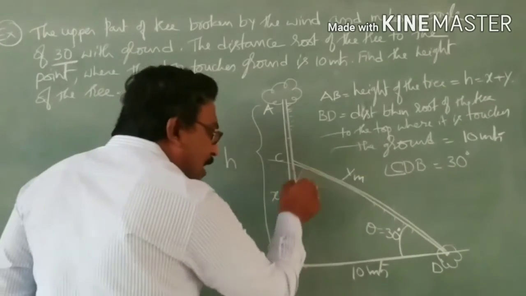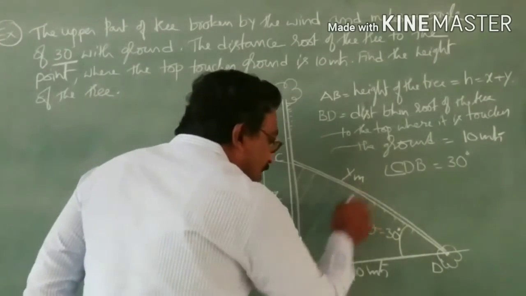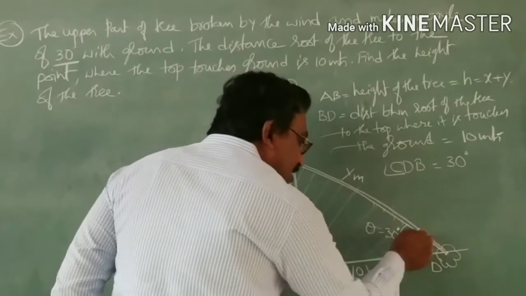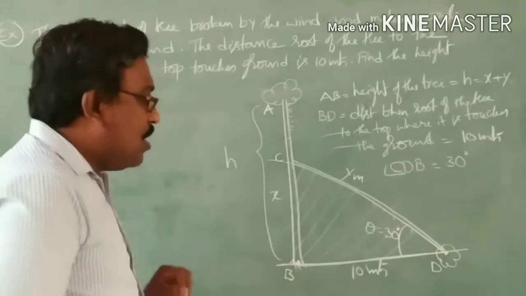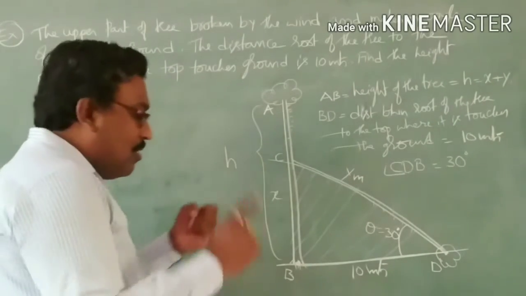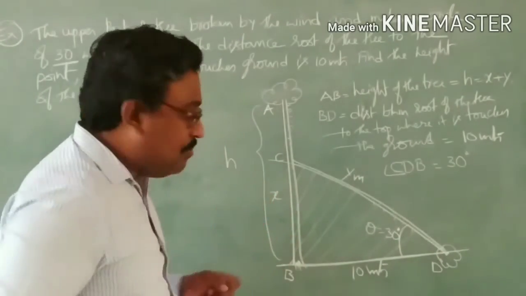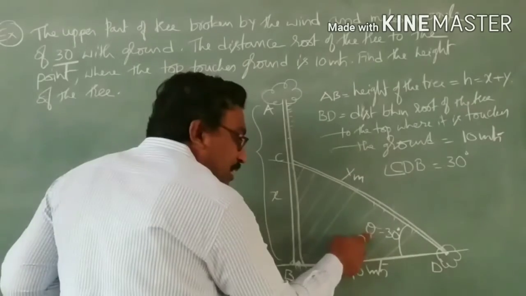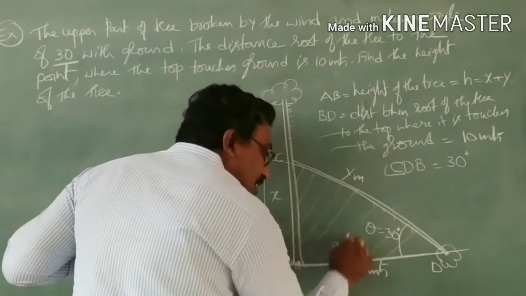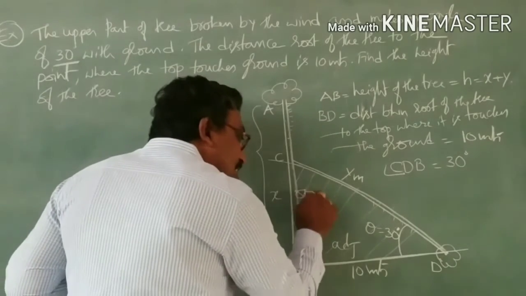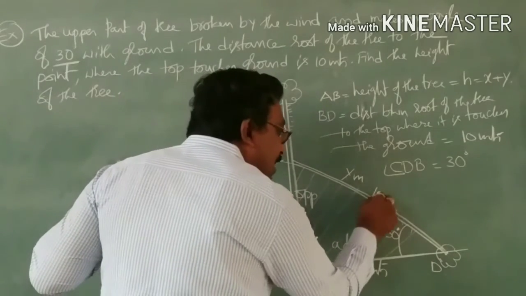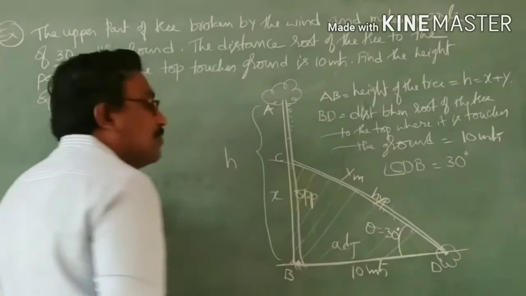Now I am taking a right angle triangle, isn't it? CBD is a right angle triangle. With respect to the triangle, what is given? With respect to theta, this is the adjacent side, this is the opposite side, and this is the hypotenuse.